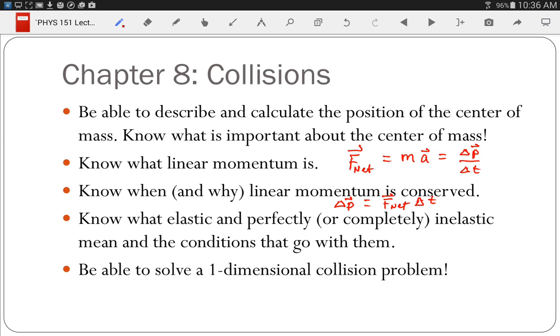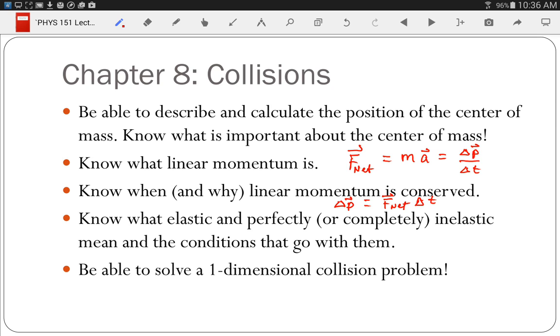Now I'm going to expand on that just a little bit. Newton's second law is the net force acting on my object or my system of interest. So when we're doing a collision, we identify our system of interest as the two things that are hitting each other. And so when I'm doing the net force, I'm doing the net force on those two objects. Now let's suppose that Jaron and I collided.